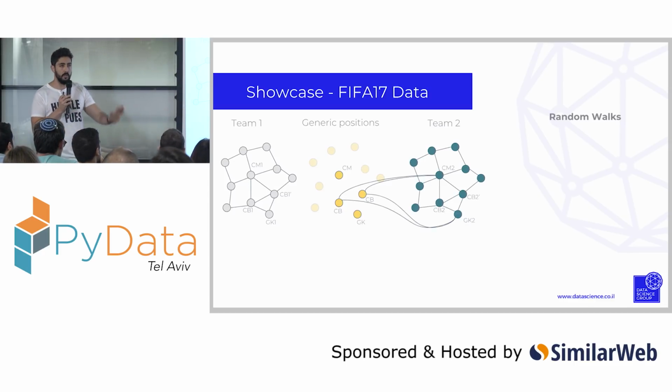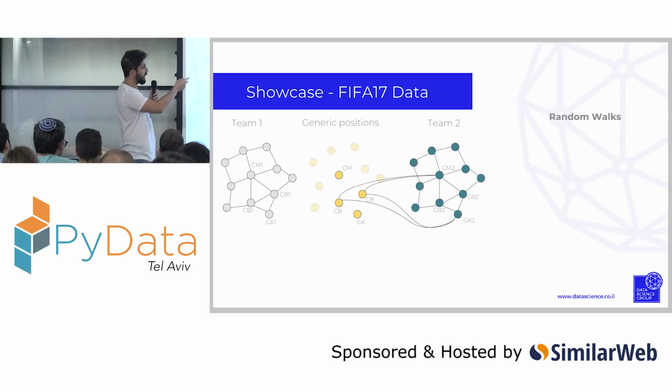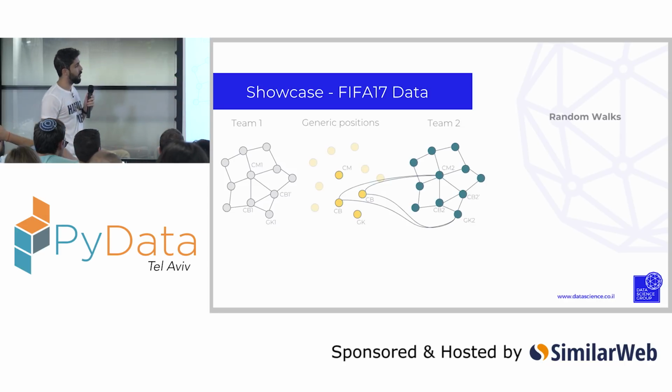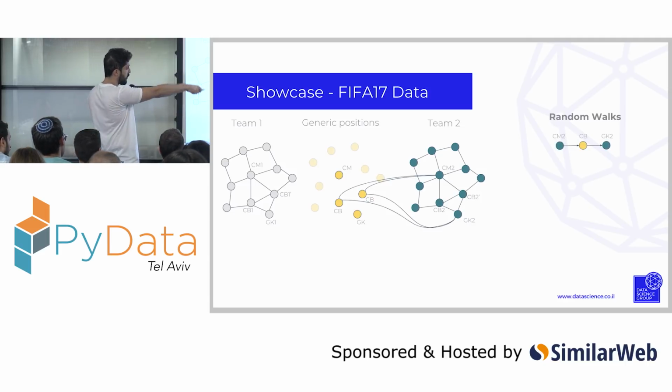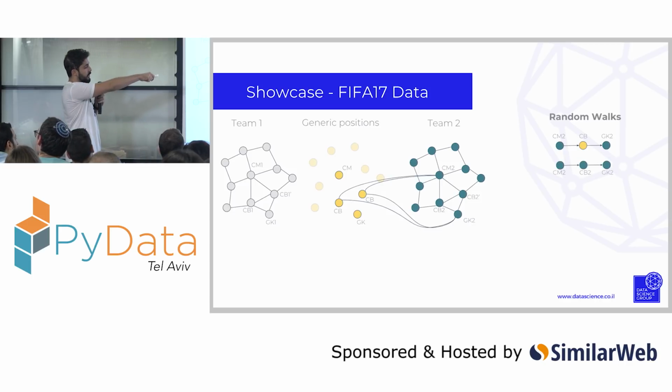Now we're going to start the random walks, and let's consider how many ways there are to get from CM2 to GK2 on the right side team. One way would be CM2 through the generic position to the goalkeeper. A second way would be through the literal central back. So what have we done here?